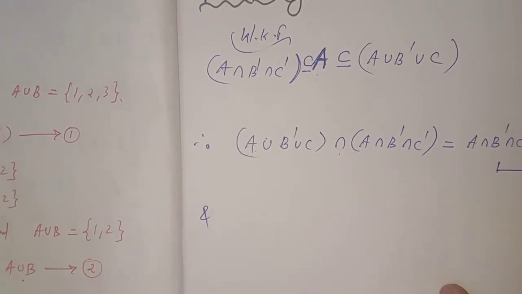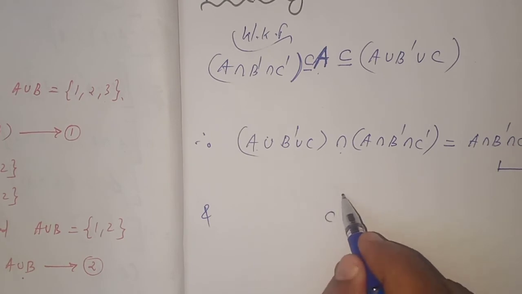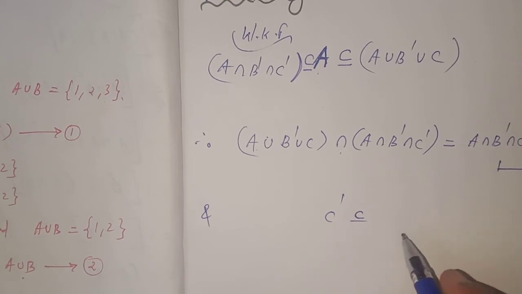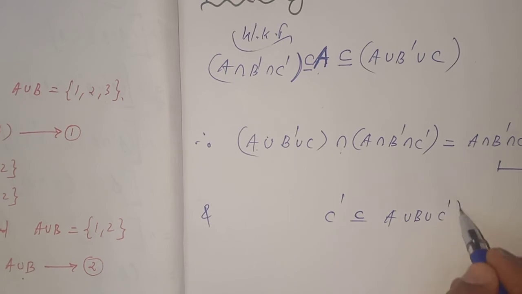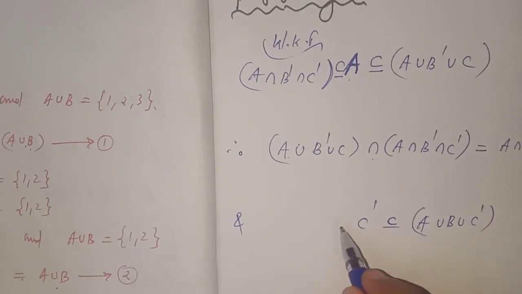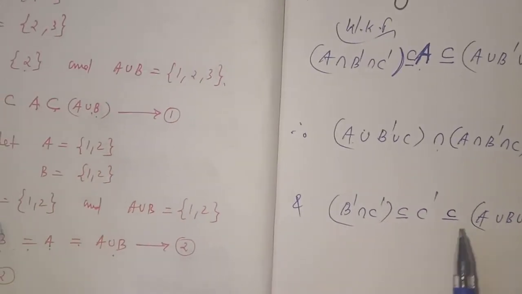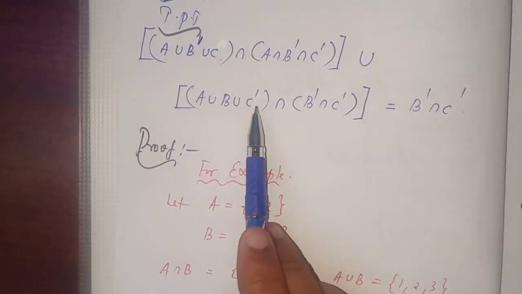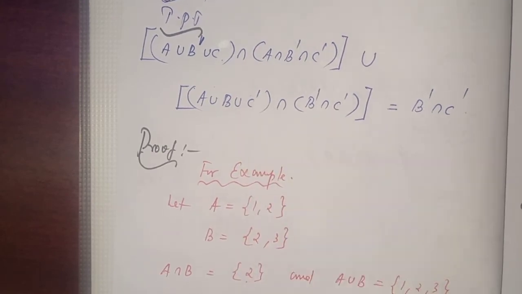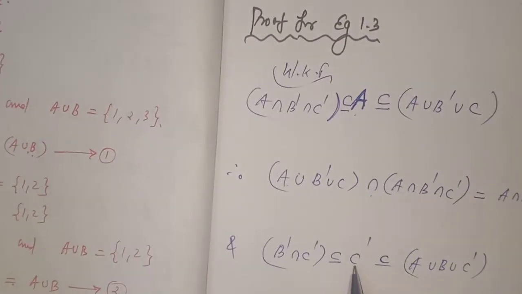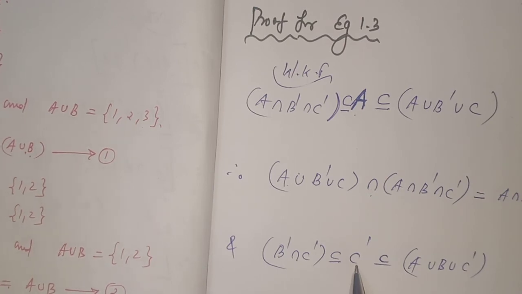And now I take C dash is a subset or equal to A union B union C dash. The left hand side, B dash intersection C dash. This one, here we have C dash, there also C dash, so I have taken C dash over here at the center.